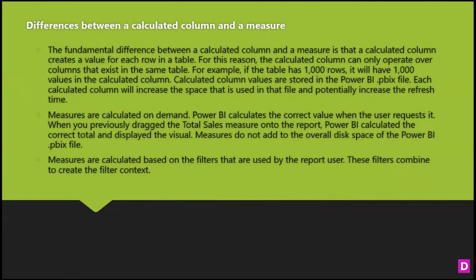So if you have 1,000 rows in your table, the calculated column values will be calculated for all 1,000 rows, and the data will be stored in Power BI. So definitely it will increase the file size, and it will take some time when you refresh the data set, as the column will also be refreshed.